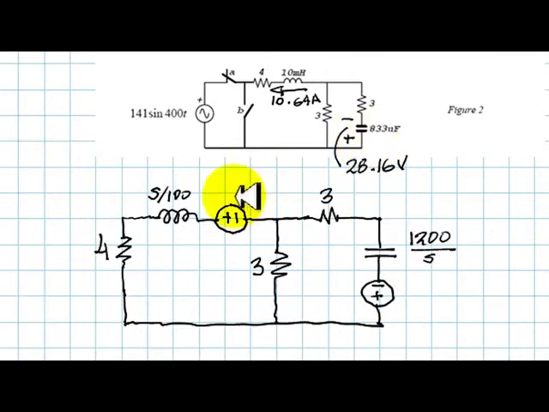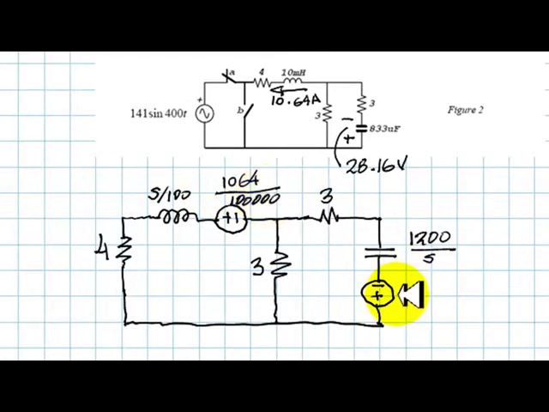The value of this one is L IL naught. This is IL naught, and this is L. 1064 I write as 1064 divided by 100 multiplied by 100th of a Henry. That is 1064 divided by 10,000.